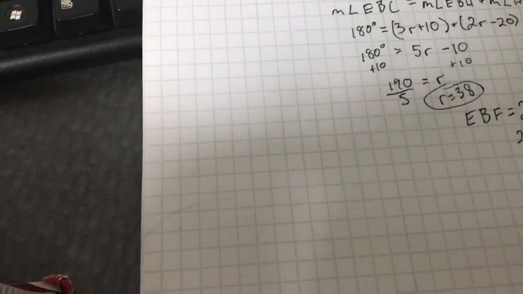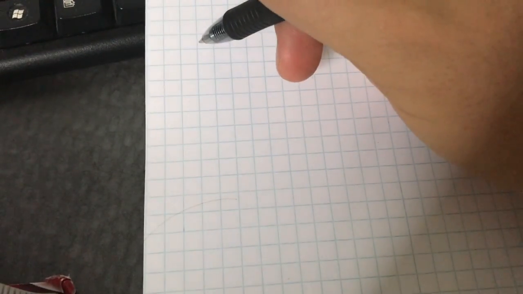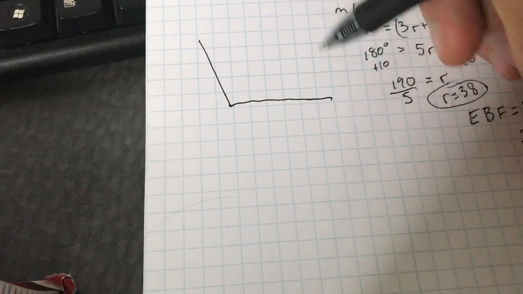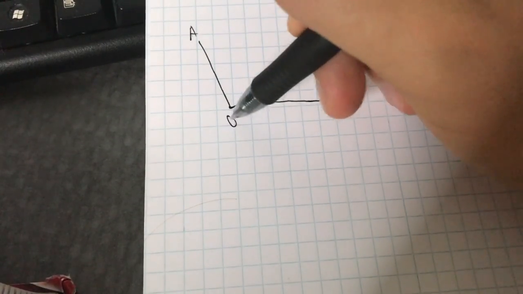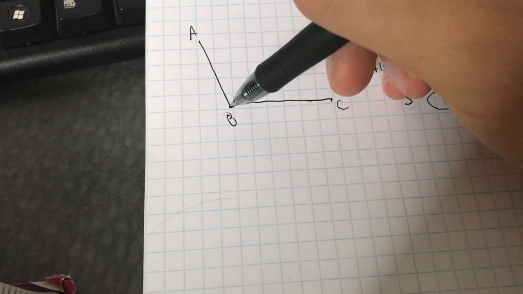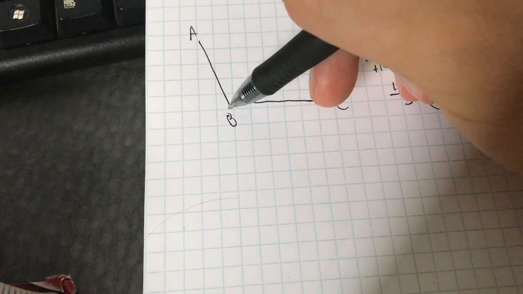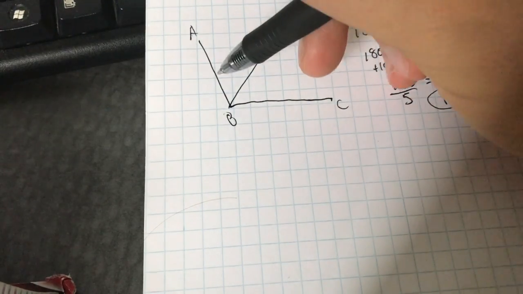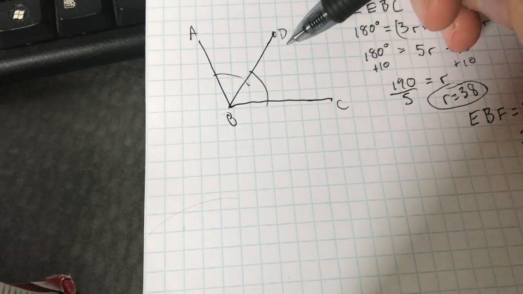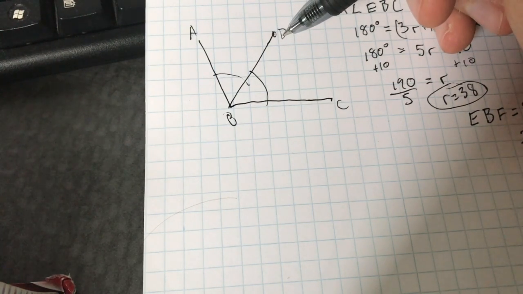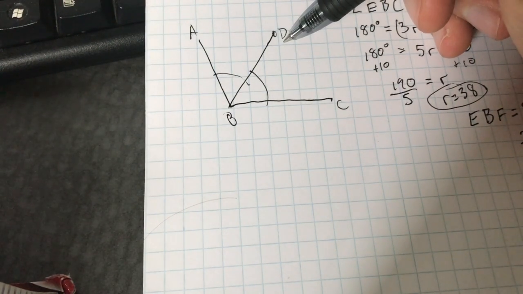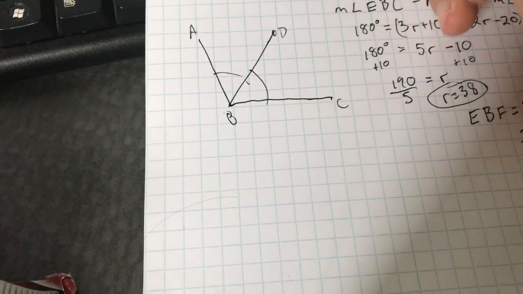So I'm going to put it up here, I've got some space. Call that ABC, and an angle bisector BD. That's a bisector, so those are equal. Explain the steps in your construction and justify each step. Classify the two angles formed by the angle bisector.